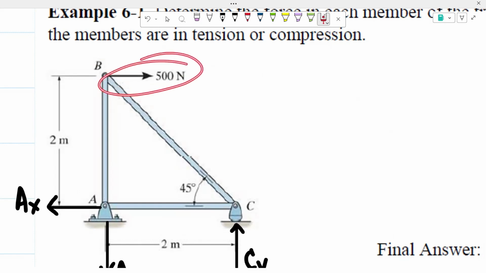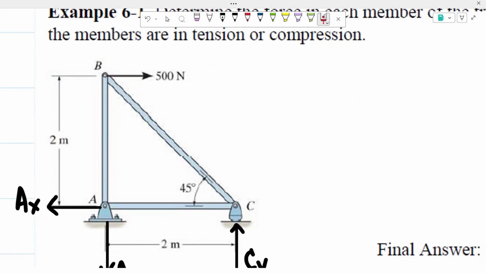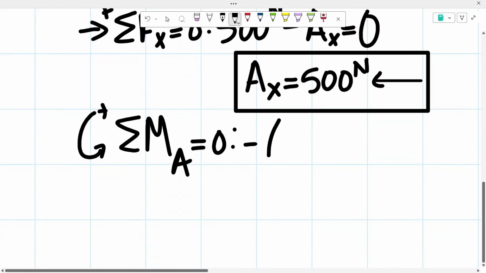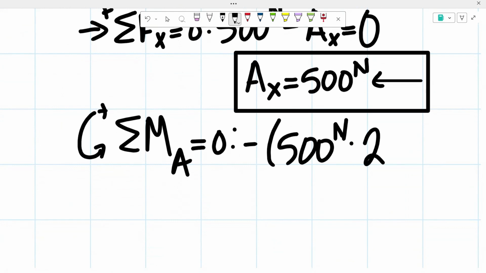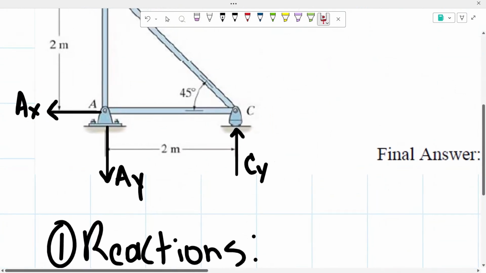Our force is 500 newtons and our distance is this 2 meters right here. Since this force is acting to the right, that's going to create a clockwise moment, meaning a negative moment. So we have a negative moment of the force 500 newtons times the distance of 2 meters. Then we have our C of y that we assumed is going upwards.